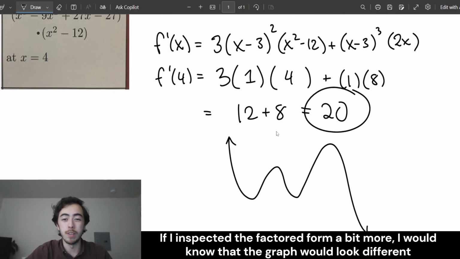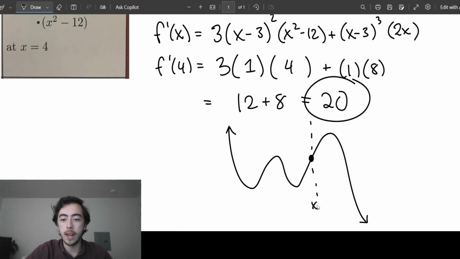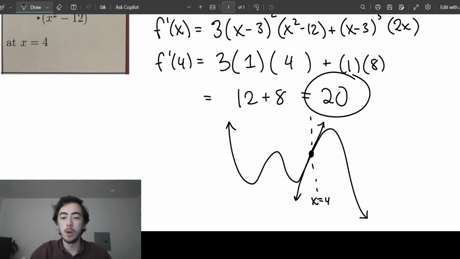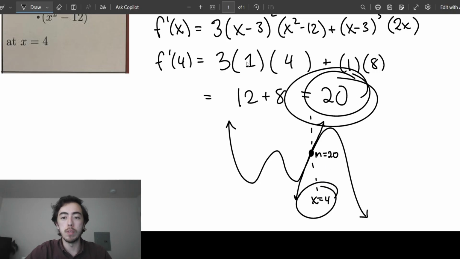Maybe it'll look a little bit different, but I do know that somewhere along the way x is going to be equal to 4, and this 20 represents the instantaneous rate of change, or essentially just the slope of this function at x equals 4. So if you were to graph it, we would get a slope of 20 when x is 4, and that's the meaning behind this number right here.